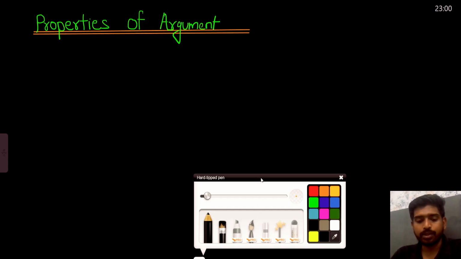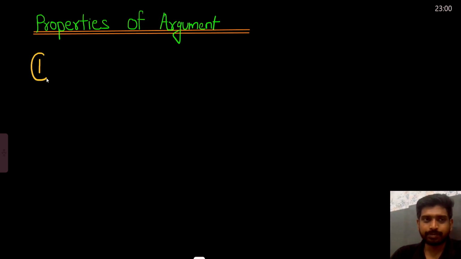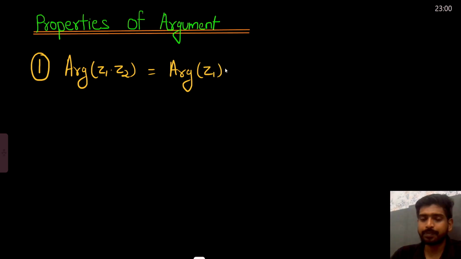See, properties of argument are similar to properties of log. You can remember them as the same as log. Suppose they ask the argument of z1 multiplied by z2. The argument of z1 multiplied by z2 is argument of z1 plus argument of z2.